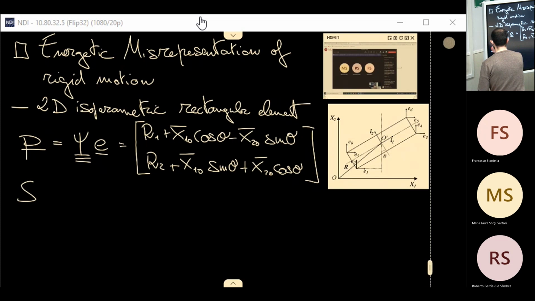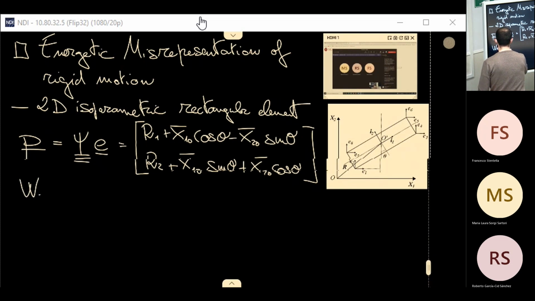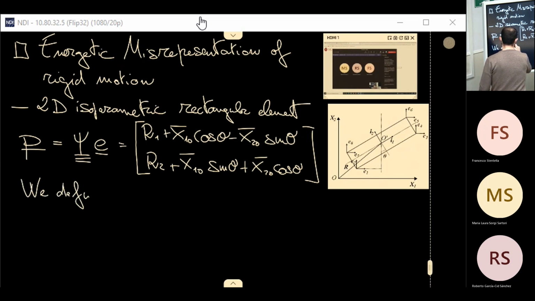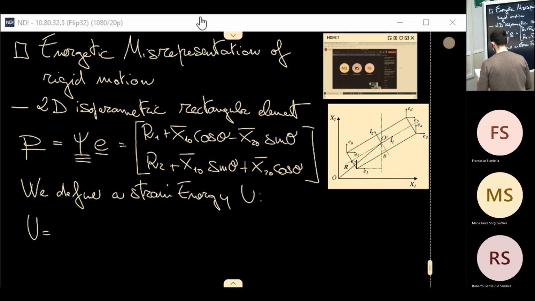So we define a strain energy U, which we can define as the integral over the area. Well, in fact, just to be super correct, it's the integral over the volume of our element of what?